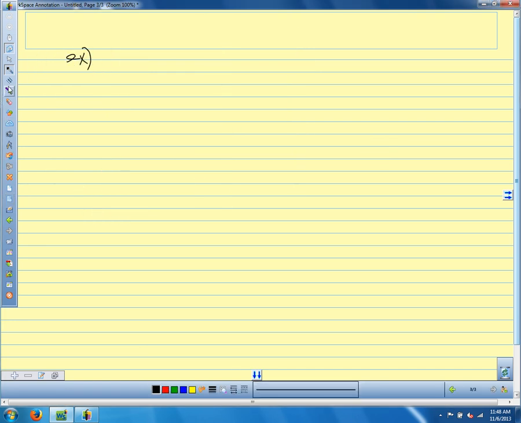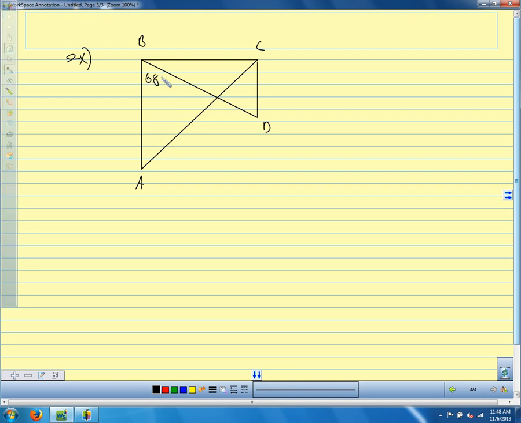Let me draw a picture here. There's my picture, and I'm going to call this A, B, C, and D. And I'm going to label some angles here. So this is 68 degrees. This is 22 degrees. This is 35 degrees.